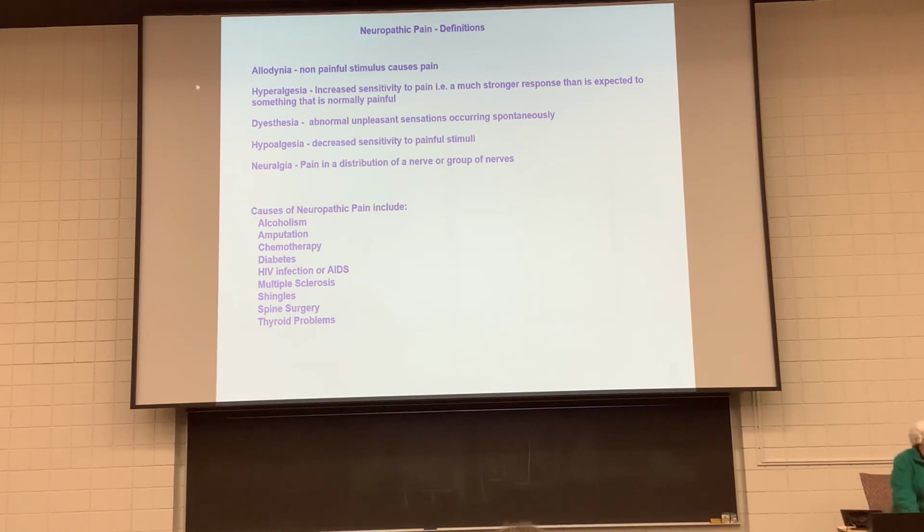So, neuropathic pain, some of the conditions. Alcoholism: alcohol kills peripheral nerves. So does diabetes. Well, obviously amputation, but it's not the amputation itself; that'll have some nociceptive pain initially. Obviously, when you do surgery, there's trauma to the tissue.